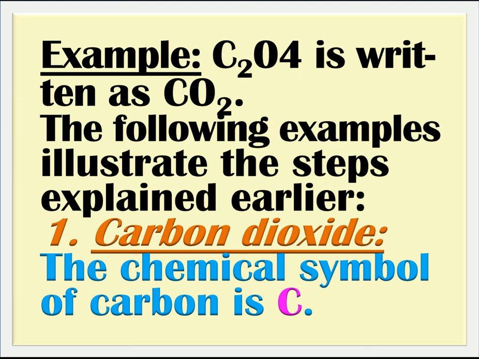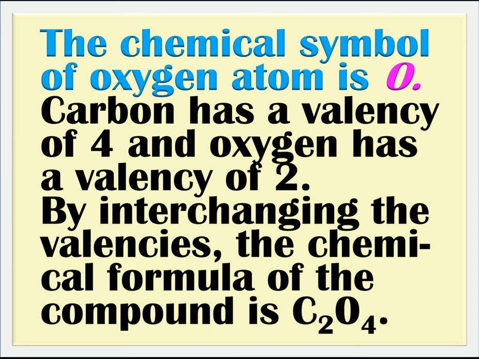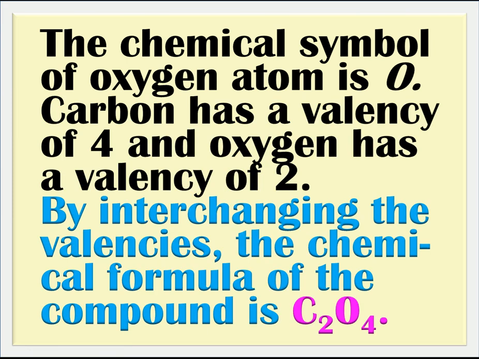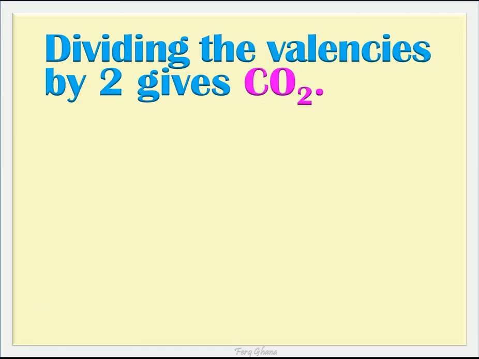Carbon dioxide. The chemical symbol of carbon is C. The chemical symbol of oxygen is O. Carbon has a valency of 4, and oxygen has a valency of 2. By interchanging the valencies, the chemical formula of the compound is C2O4. Dividing the valencies by 2 gives us CO2.